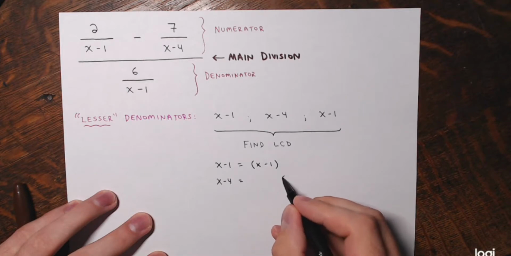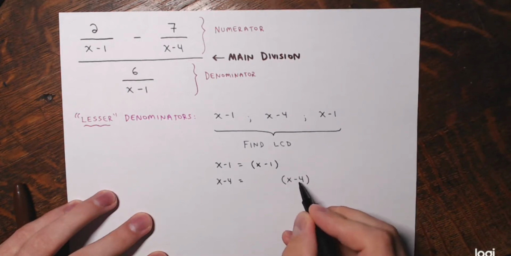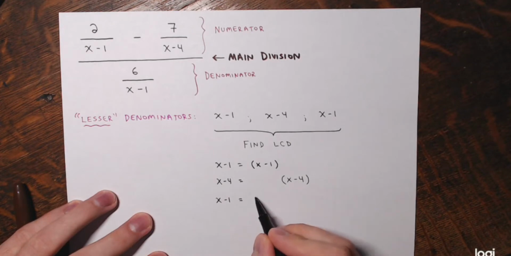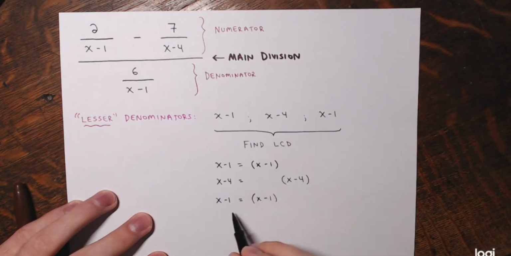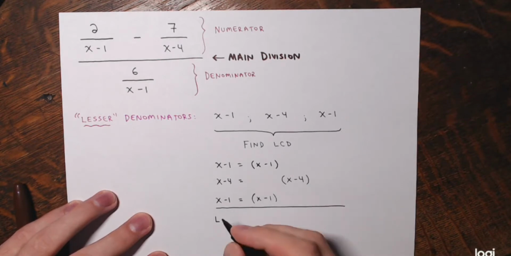So x minus 4 is not x minus 1, so I leave a little space and put that over here in its own column. And then x minus 1 is the last denominator. Obviously, the only factor of that is x minus 1, and it's like the x minus 1 here, so I line it up in that like column. And now that I've got all the factors listed and all the like factors in their own columns, the LCD is very simple to state.